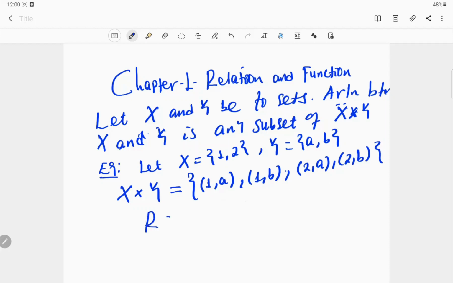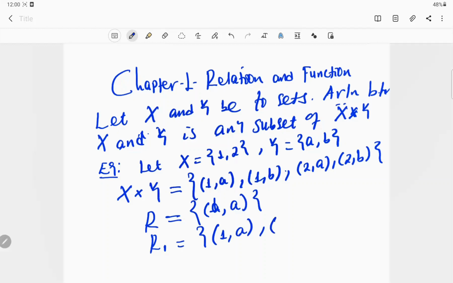Let's say R is the set containing the ordered pair (1, a) only. This is one example. You can have another example, let's say R1, which contains the ordered pairs 1a and 2b. Note that this set has 4 elements, so the power set of the Cartesian product of x and y has 2 to the power of n subsets, where n is the number of elements in that set.